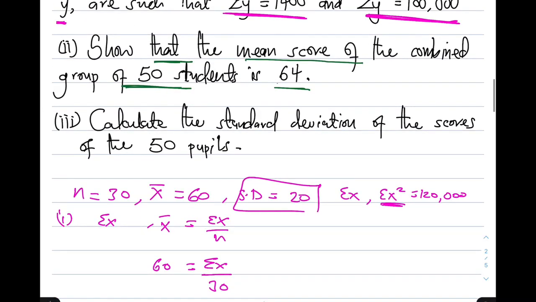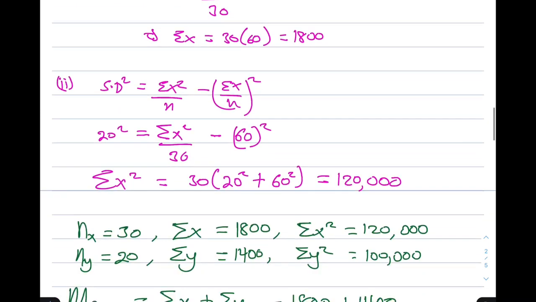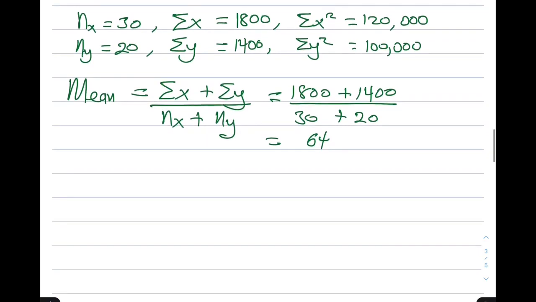Now, the second part, that's the second part of the second statement. In other words, the third question says that we should look for the standard deviation of the combined. Okay, that's the 50 students. So let's do that. Let's first write the standard deviation formula.